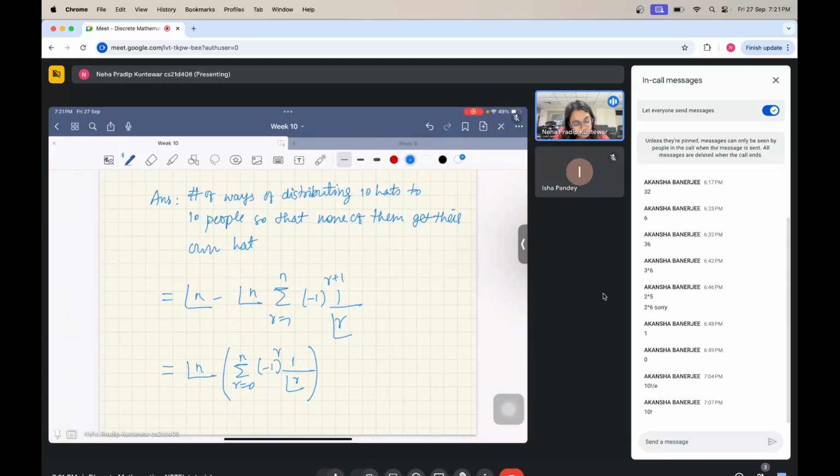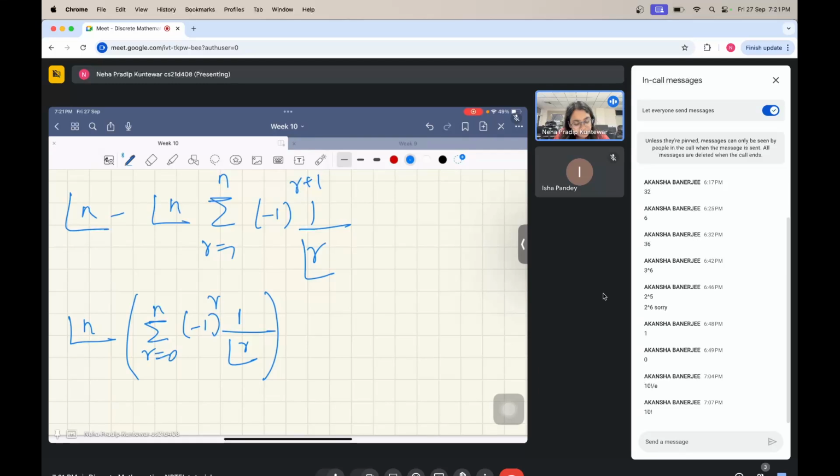And notice that e to the minus 1 is same as 1 over 1 factorial plus 1 over 2 factorial plus 1 over 3 factorial, alternatingly, minus, plus, and so on, minus 1 over 4 factorial and so on.